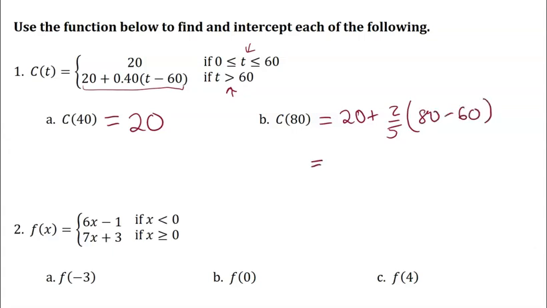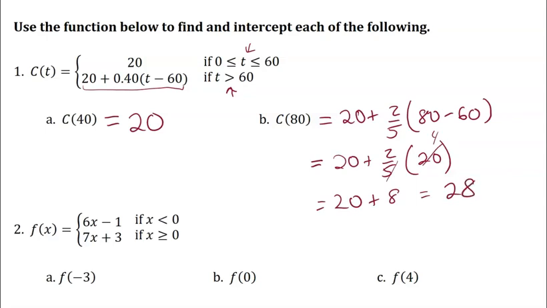And then this is equal to 20 plus 2/5 of 80 minus 60, which is 20, okay? And then 2/5 of 20 is 8, so this is equal to 28. Again, it's fine if you use a calculator, I just don't have one with me.